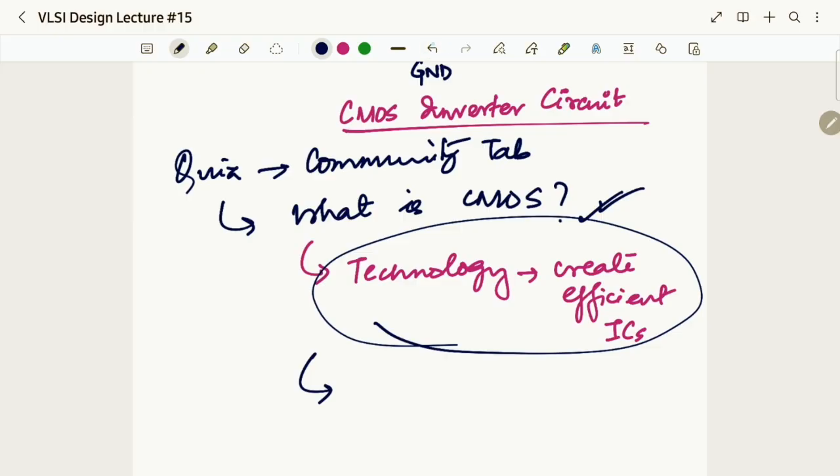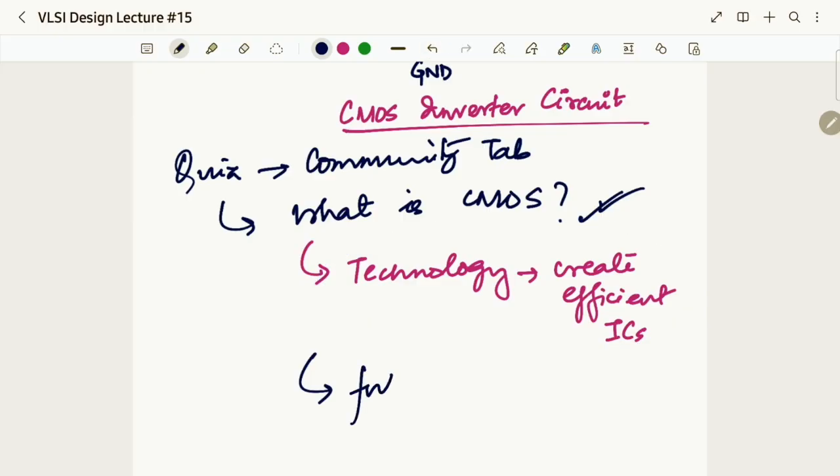Okay, and what is the full form of this? Full form is complementary. Check the spelling, it is not PLI, it is PLE. Okay, don't make that mistake.